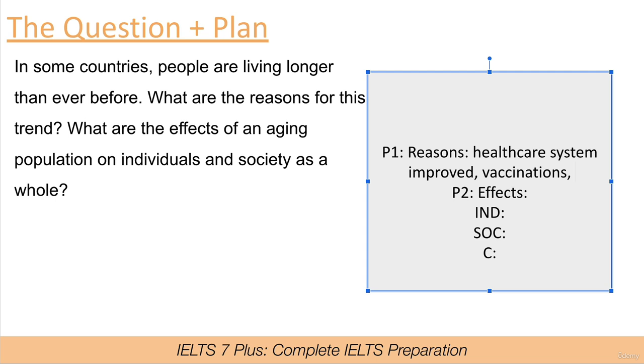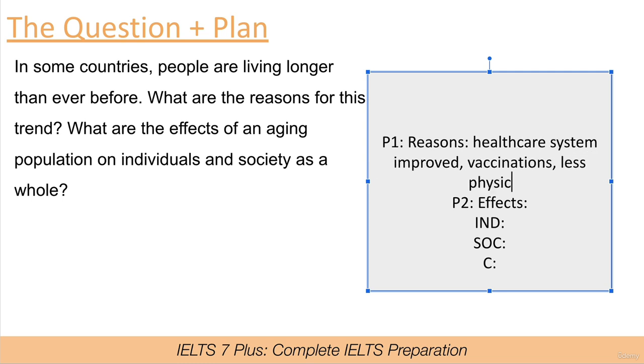I would say most people nowadays have less physical jobs, less intense jobs. Definitely, I know that 100 years ago, children were working 12 hours, all day, and it was a difficult life.